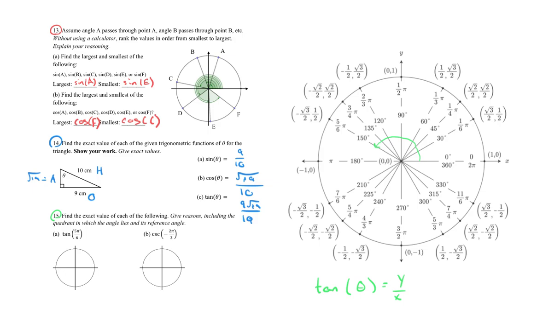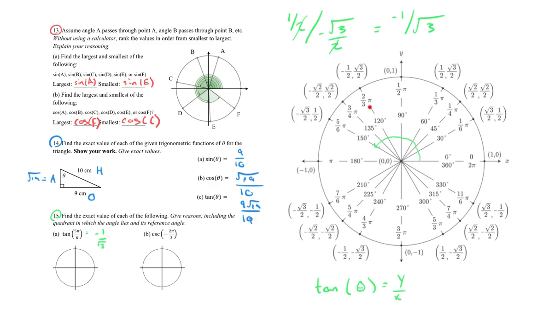So we can go ahead and say that tan of 5 pi over 6 is going to be 1/2 over negative square root 3 over 2. And we're able to do a little bit of simplification by canceling out this 2 with that 2, and we will just be left with 1 over square root of 3. This will be negative. So let's write the exact value of this is negative 1 over the square root of 3.